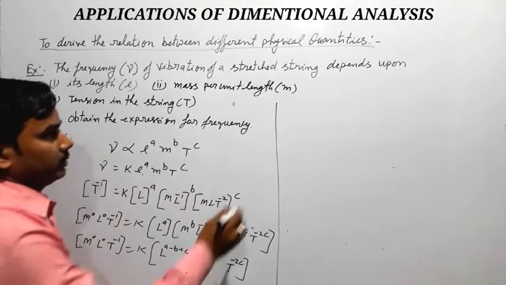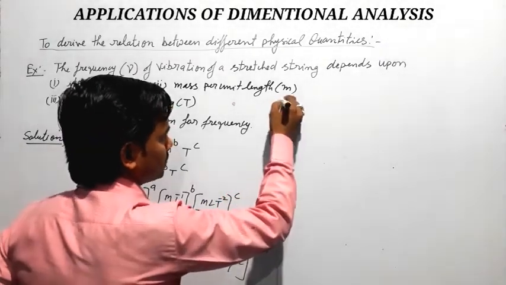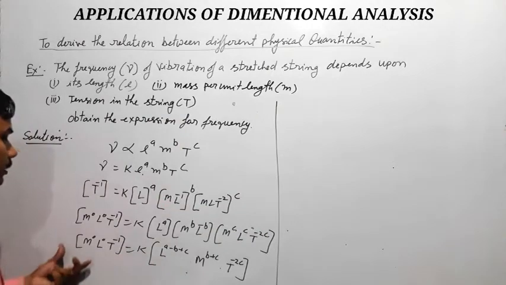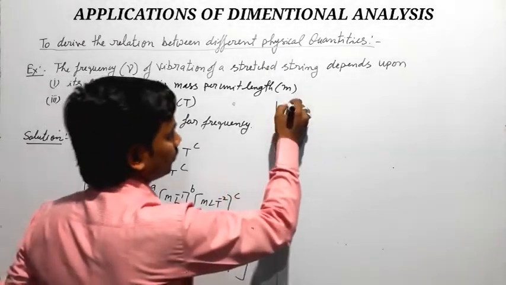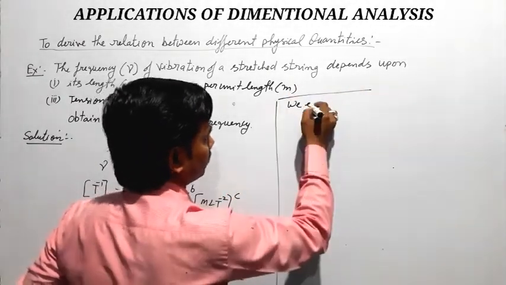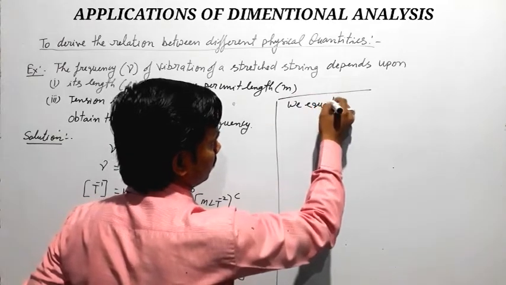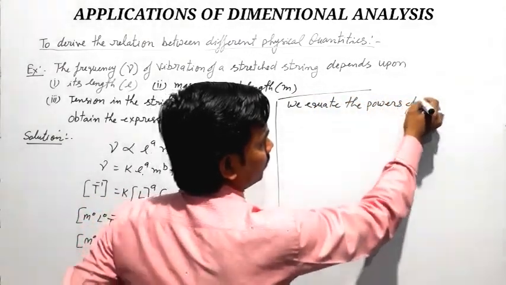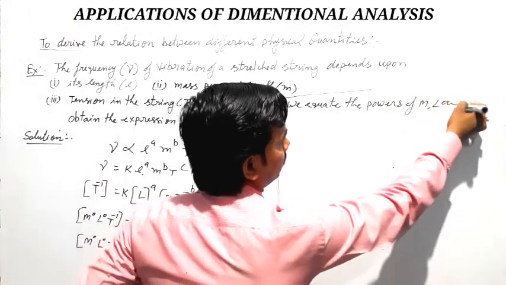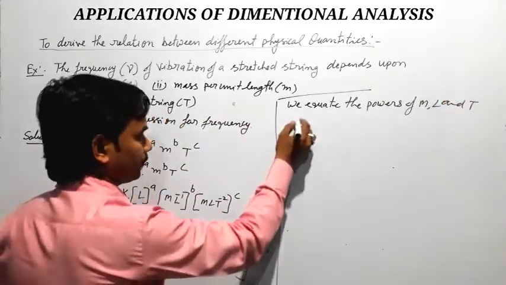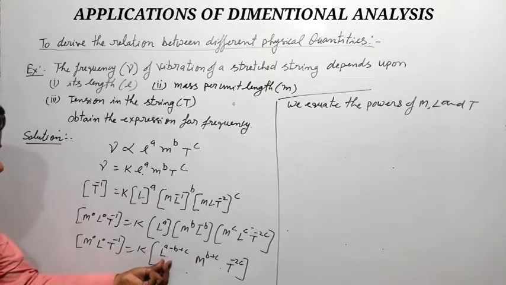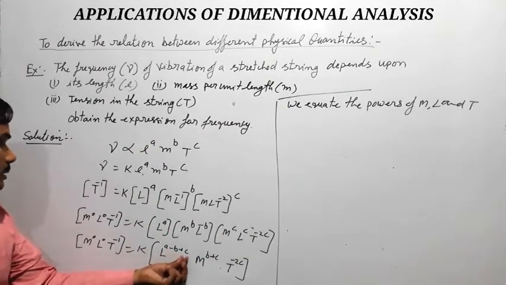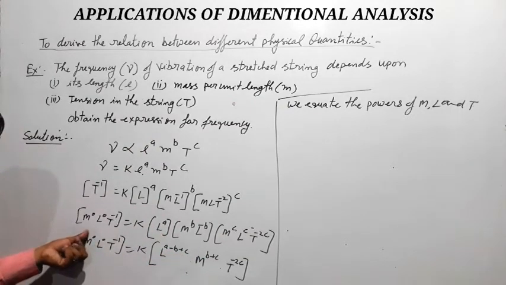So we will equate the powers of M, L and T from both sides. We equate the powers of M, L and T. So the power of L, that is a minus b plus c, equals the power of L on the left side, which is 0.